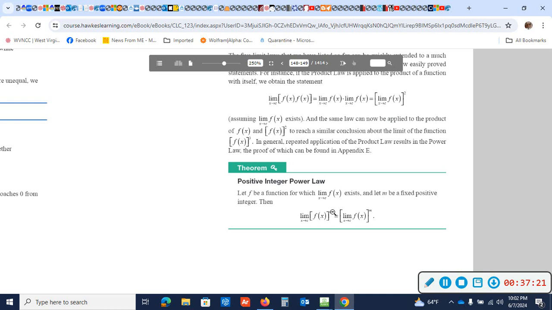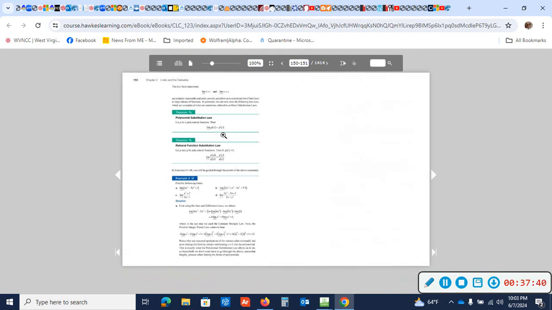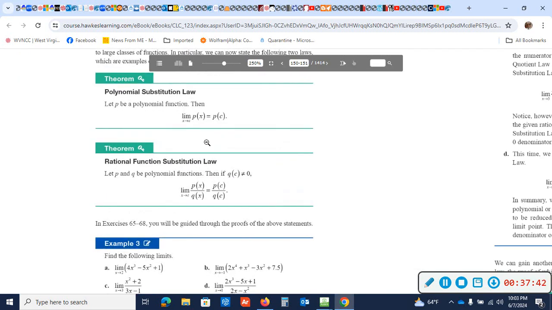Whatever positive integer power you might want to raise this to, you could imagine splitting that up into separate product rules. And if this limit exists, then I'm just going to get that limit raised to this power. And in particular, if it's just plain x, then I'm going to get exactly the same as what the polynomial spits out.